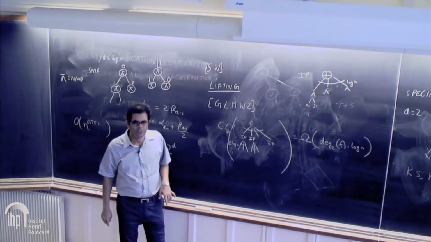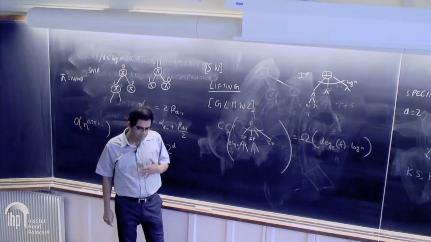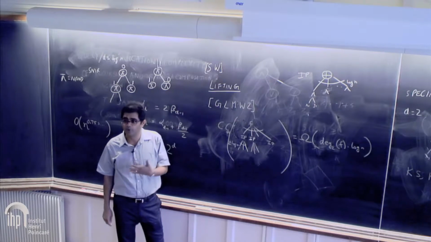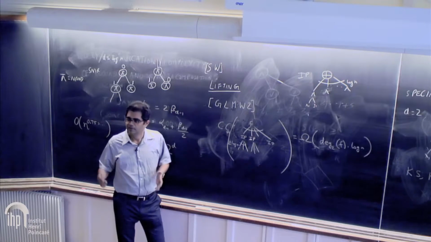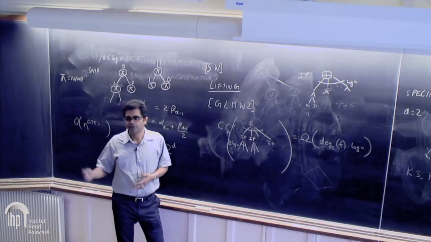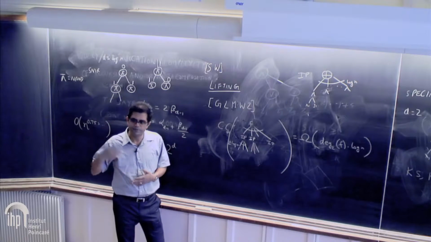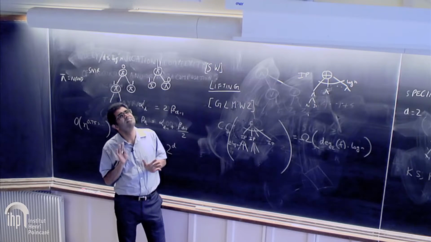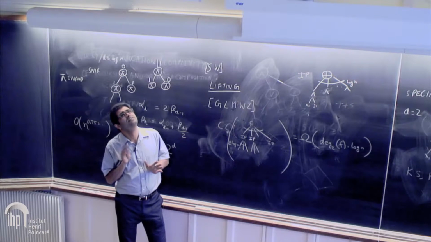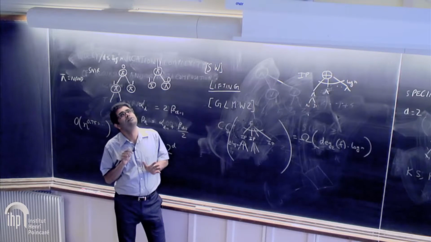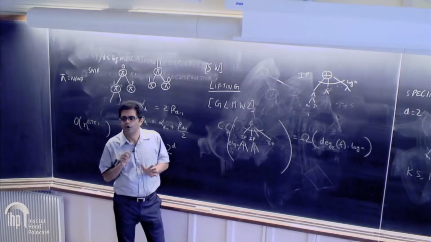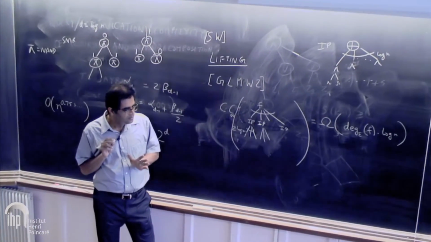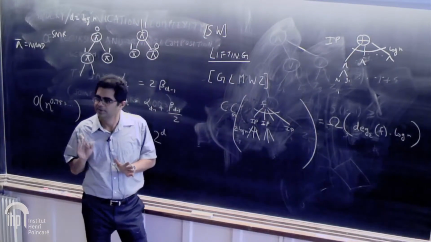Sorry, it should be correctness probability 1 minus 1 over n.